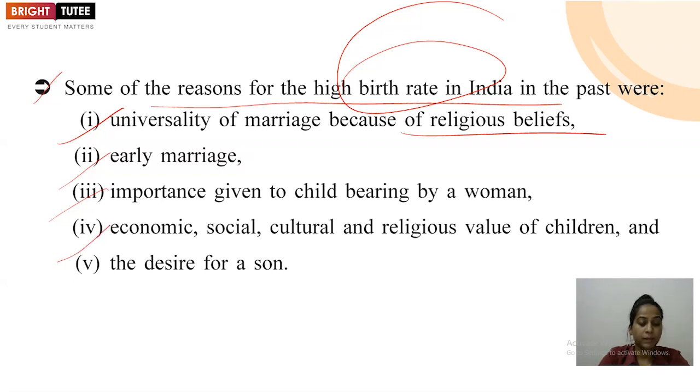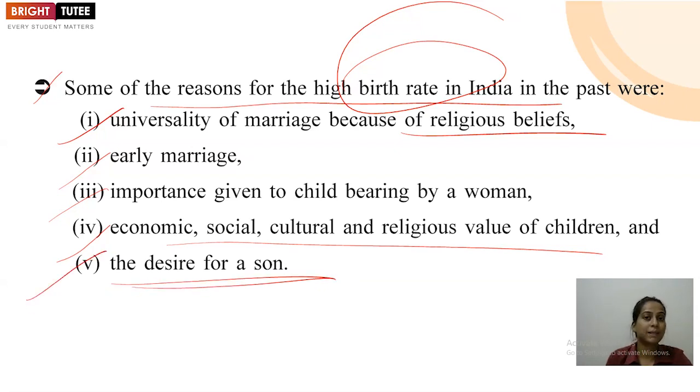Besides that, the economic, social, cultural and religious value of children also played an important role in increasing birth rate. And ultimately the biggest reason was the desire for a son. So all these factors were responsible for high birth rate in past years.